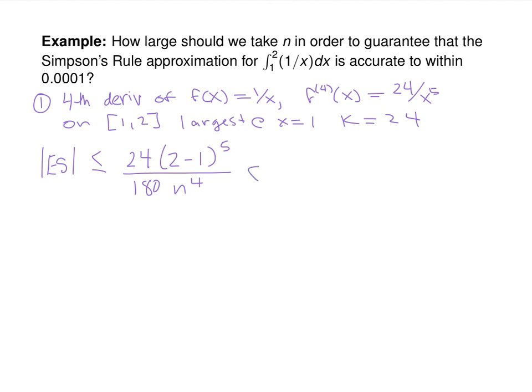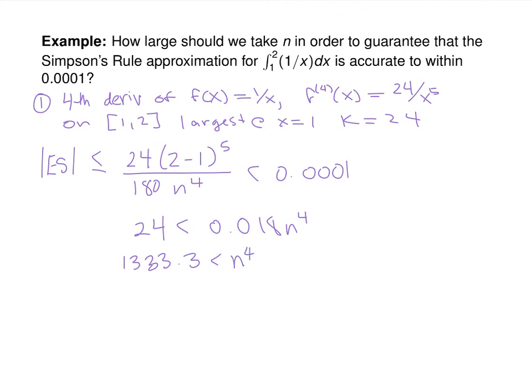This needs to be less than 0.001. So multiply the 180 n to the fourth over, and we'll have 24 is less than 0.18 n to the fourth. Divide by 0.18 and we get 133.3 is less than n to the fourth.